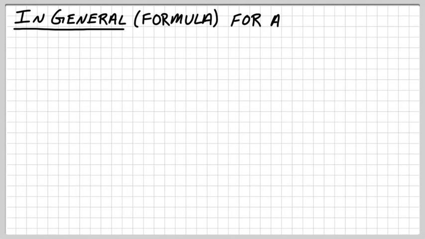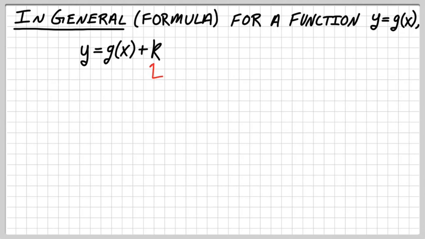So in general, let's talk about the rule for these things. Let's give a formula. For any function g of x, so y equals g of x, or any function like that, g of x plus k, where this plus k happens outside the function, what does that do to the graph?